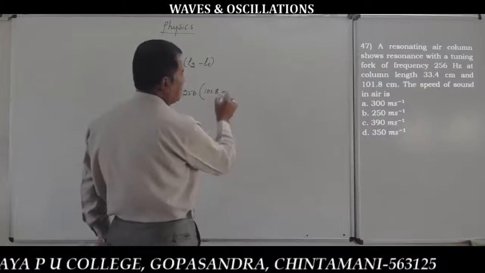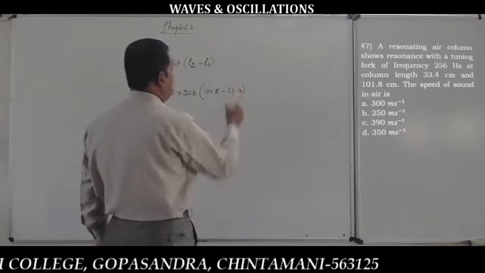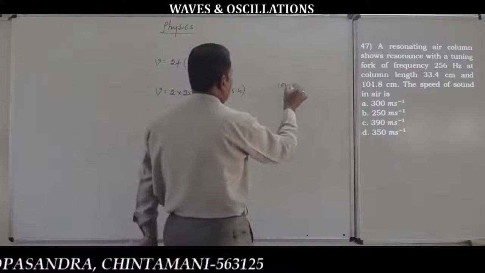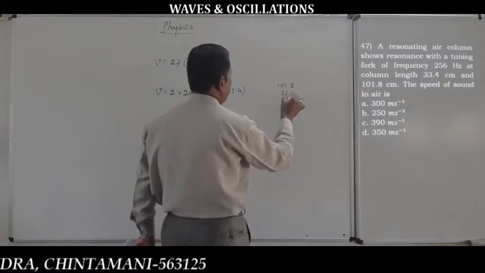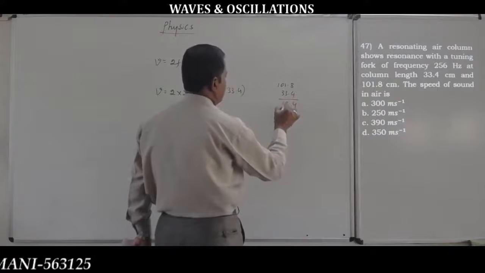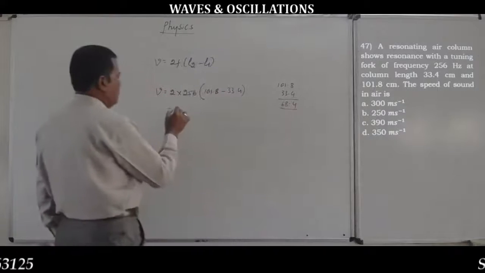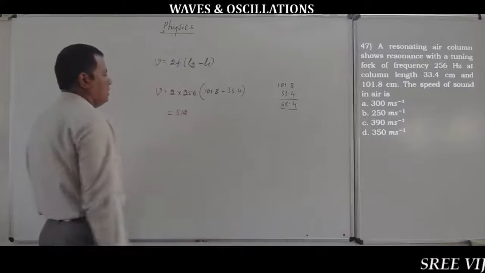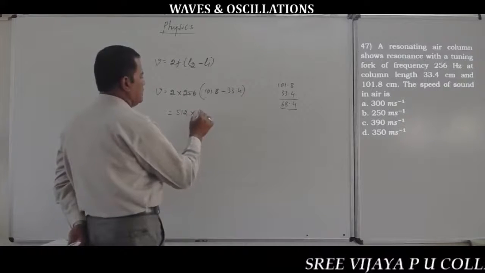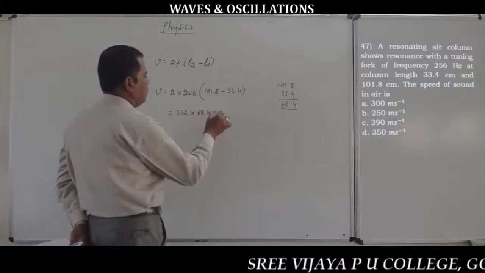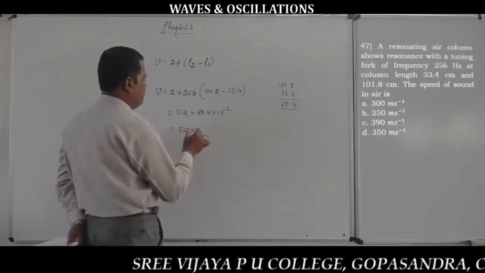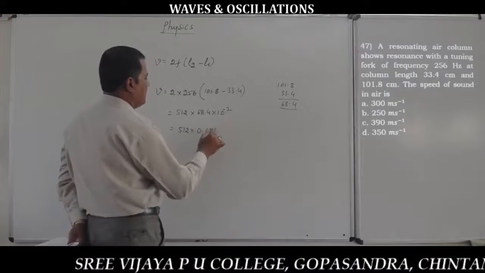101.8 minus 33.4, in centimeters. So 101.8 minus 33.4 is 68.4. 2 into 256 is 512, into 68.4 into 10 power minus 2, or 512 into 0.684.